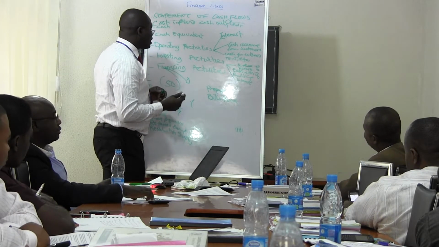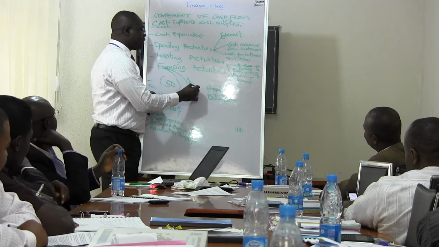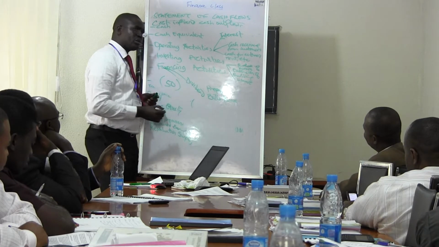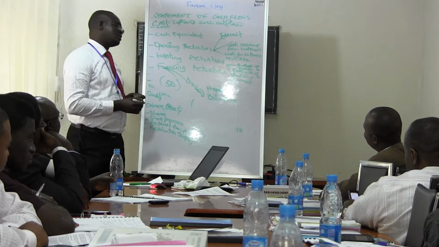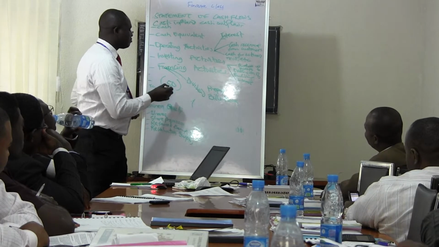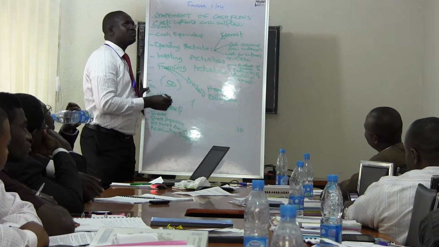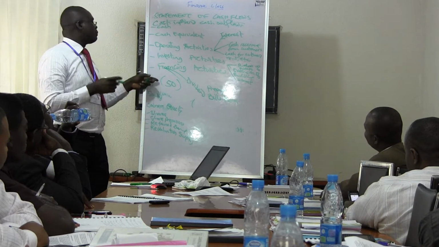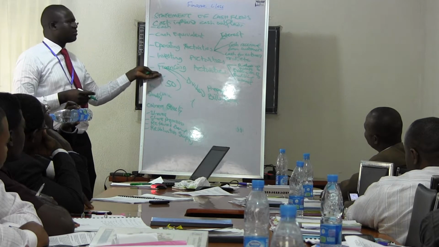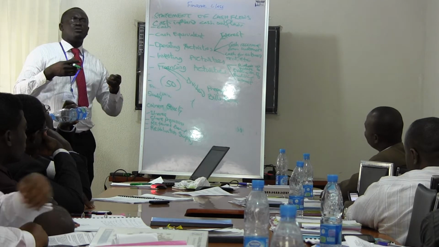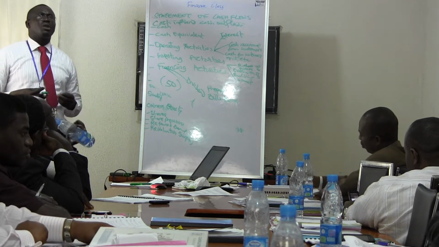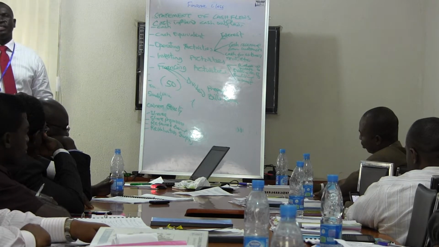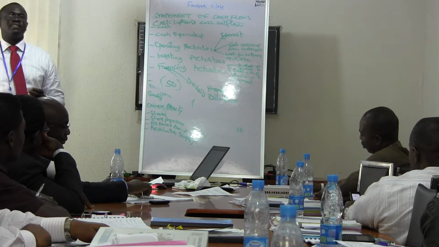So here in your financing activities, you have what we call dividend paid to shareholders. Let me tell you what this financing activity means. It means that, as Lily, we have interest in another company that we have shares in.